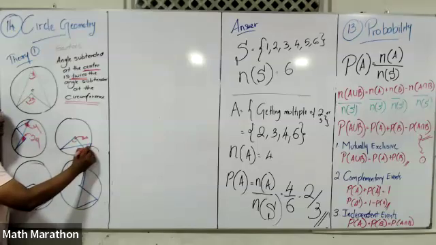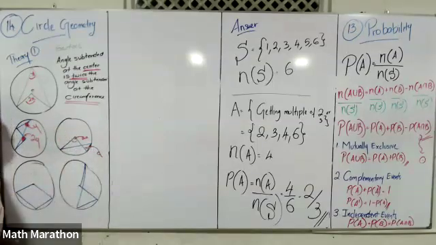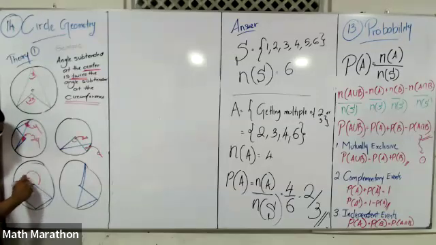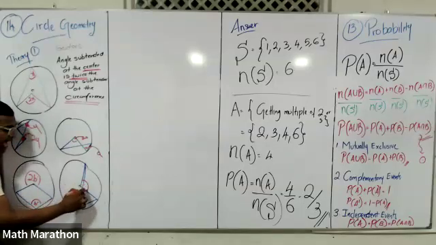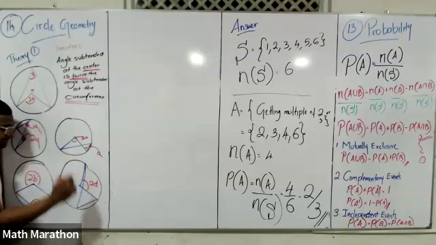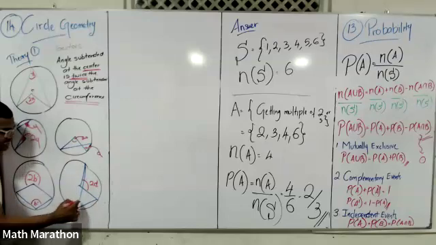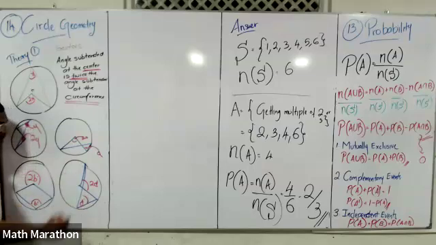What is this? A. Good. Angle subtended at the center is twice the angle subtended at the circumference.